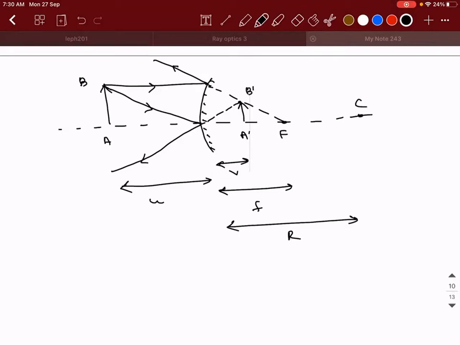Now you try and see. Now tell me the set of similar triangles. Triangle ABP and triangle A dash B dash P. Next.